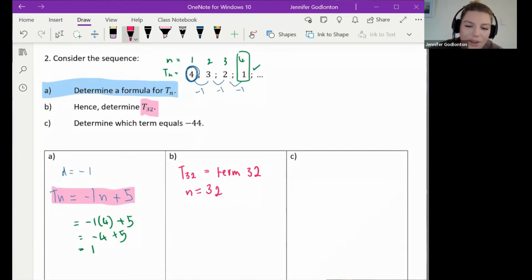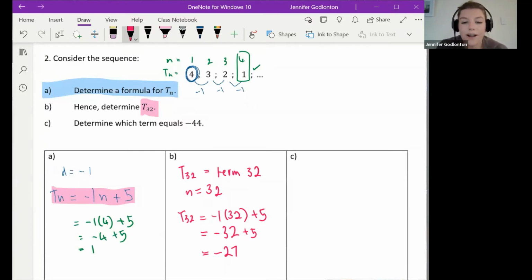Okay, so we're going to substitute in our 32. Term 32 is equal to -1 times 32 plus 5, which is -32 plus 5, which is -27.